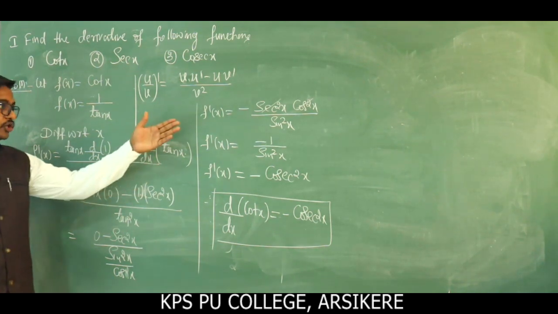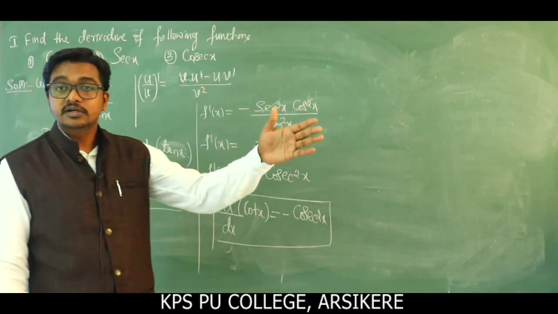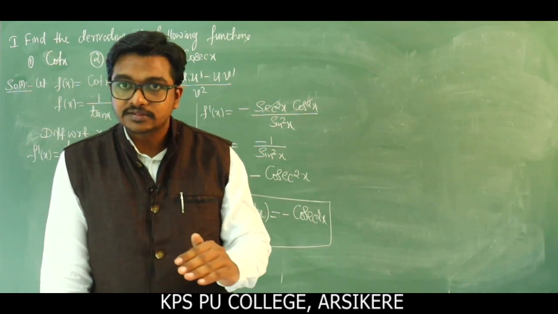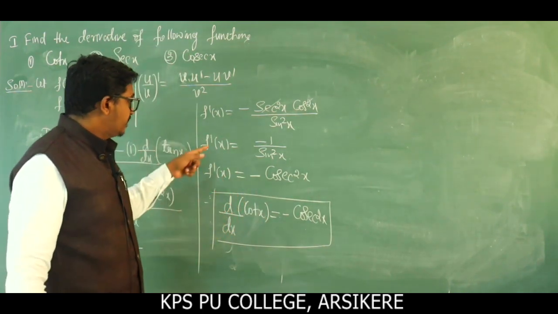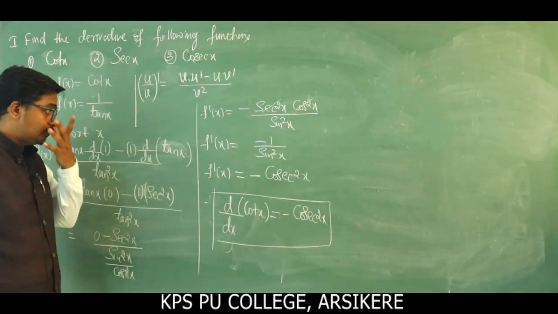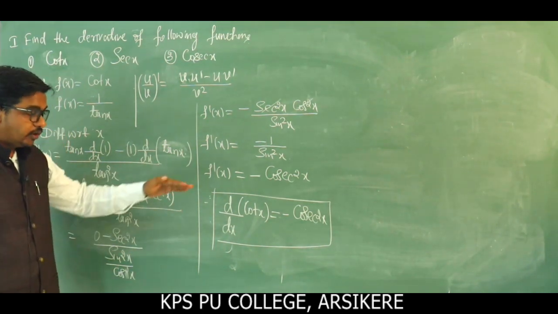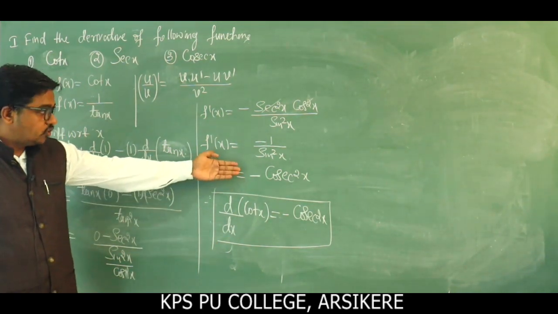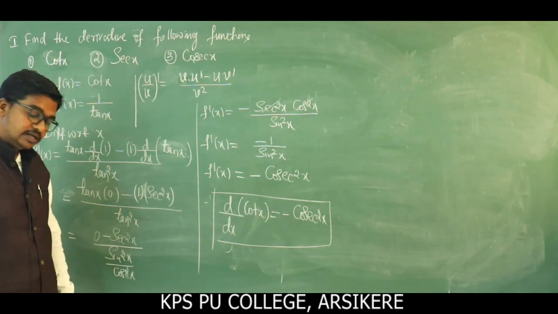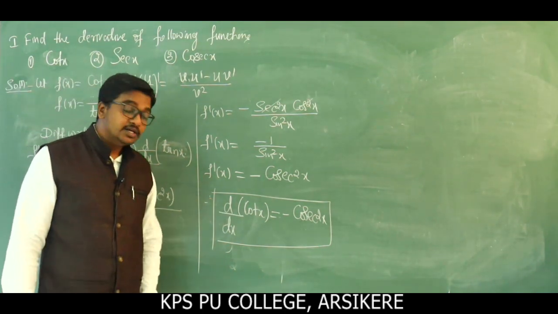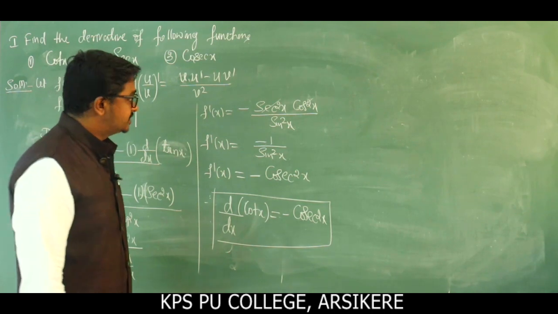This cos square goes to the numerator. Secant and cos are reciprocal to each other, hence they get cancelled. We are left with 1. Therefore, f dash of x is equal to minus 1 divided by sin square of x. 1 by sin is cosecant, hence 1 by sin square is cosecant square of x. Therefore, the derivative of cot x is minus cosecant square of x.